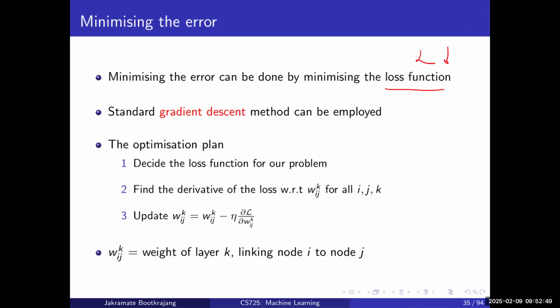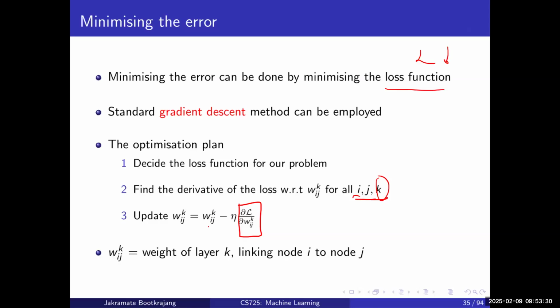And if you want to use gradient descent, what you need is to find the derivative of the loss function with respect to the weight. And the weight here, we have ijk. Basically we have which layer it comes from and which two nodes connect for that edge. So you have three numbers for each weight.